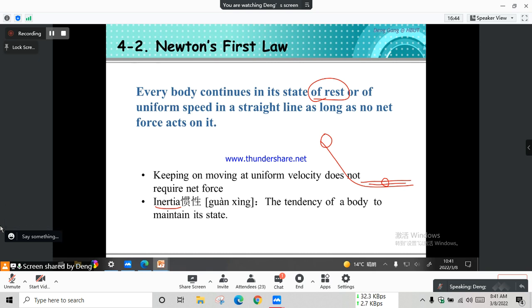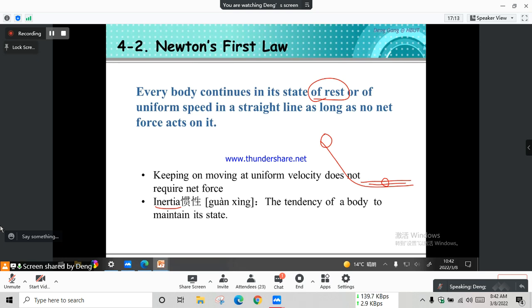Yeah, someone asked me, this law is almost impossible in life. Yes, almost, but it is true because when you are in space, far from the planets and the stars, there's almost no force on it.